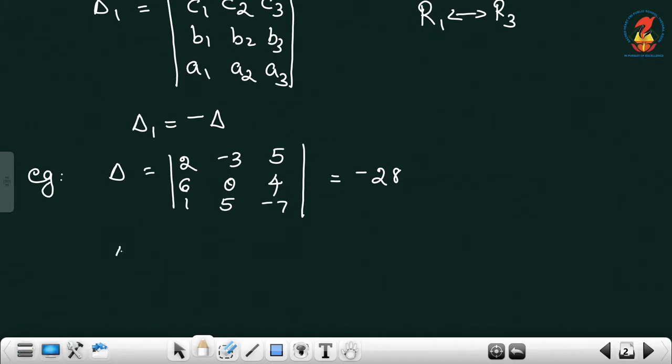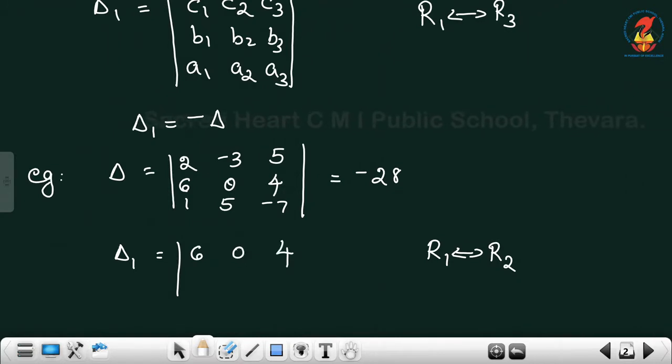Then let delta 1. You can interchange any two rows or any two columns. Suppose R1 and R2 interchange. So we can write 6, 0, 4 in the first row, 2, minus 3, 5, then 1, 5, minus 7.